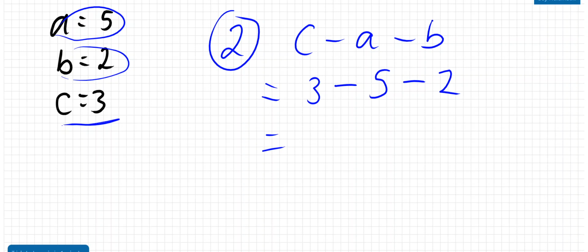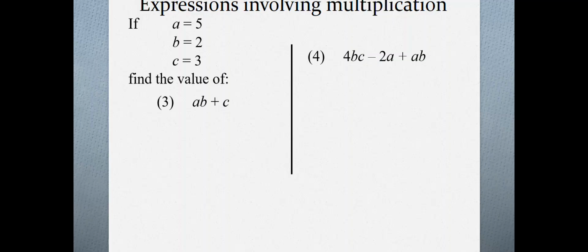And now make sure you work from left to right. Don't go 5 minus 2 first. We first go 3 minus 5. If that helps, put brackets around the first step. 3 minus 5 is negative 2. And then minus 2. And minus 2 minus 2 is a negative 4. Okay? So be careful with your negatives.